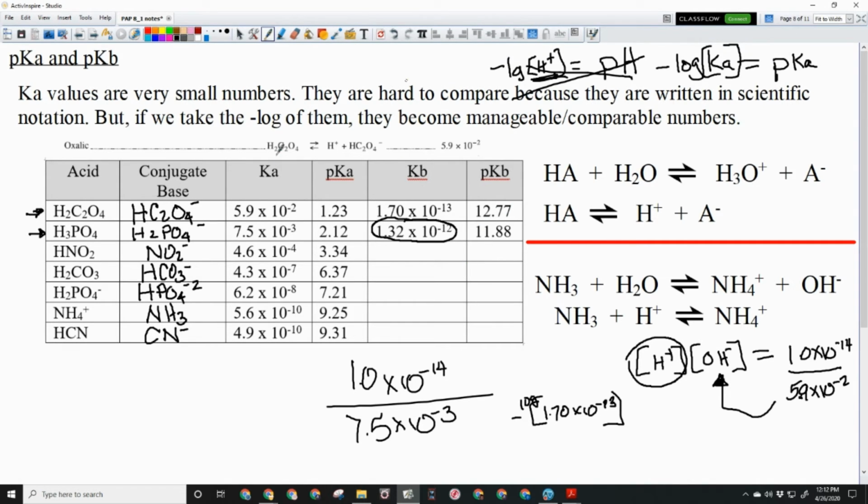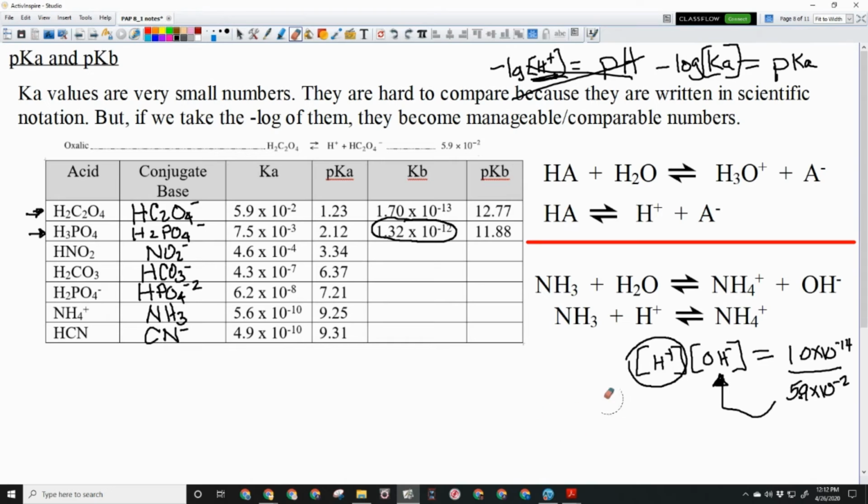Now, it's just like pH. There is no difference. It's exactly like pH. If we don't have this value, 1.7 times 10 to the negative 13th, we can take our Ka and take the negative log of that. So the negative log of 5.9 times 10 to the negative 2 is going to give us our pKa, which is equal to 1.23.